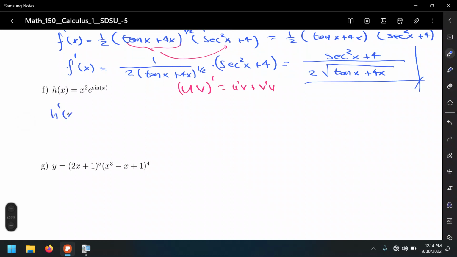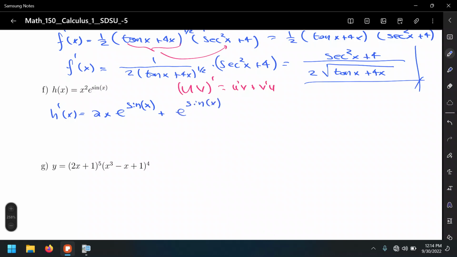So h prime of x will be the derivative of the first factor. What's the derivative of x squared? 2x times simply e to the sine x, plus the derivative of the second factor. So what do we have in this case? That's where the chain rule will kick in. Number 1, the derivative of the exponential is always itself, e to the sine x.